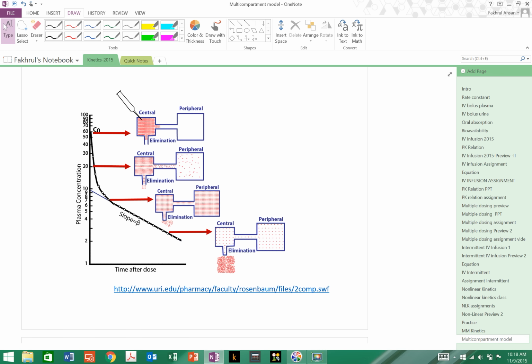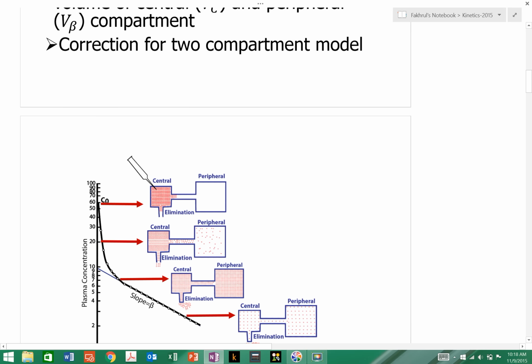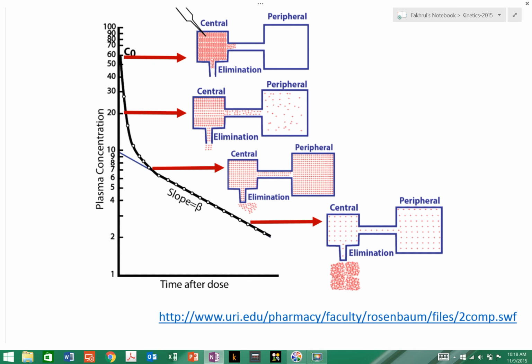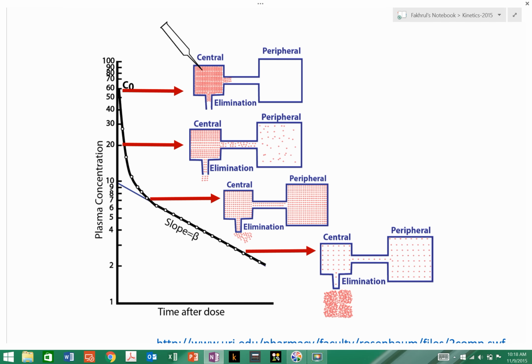So here I have tried to explain again what happens in case of distribution. We administer the drug in the central compartment. In this central compartment, there will be some elimination. With time, the drug will distribute from the central to the peripheral compartment. And at some point there will be an equilibrium between central and peripheral compartment, but elimination will always be from the central compartment.